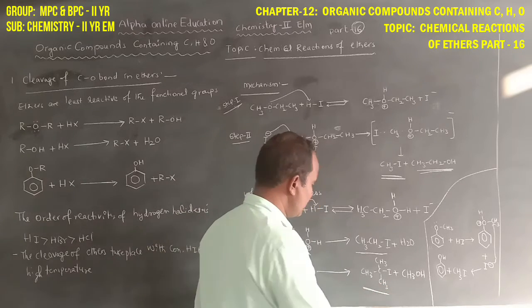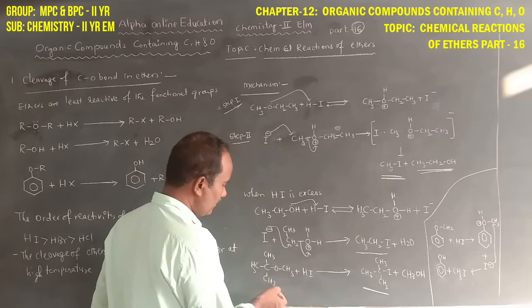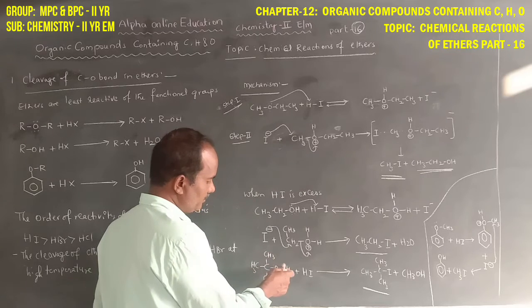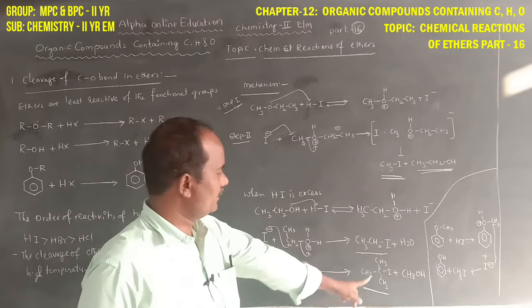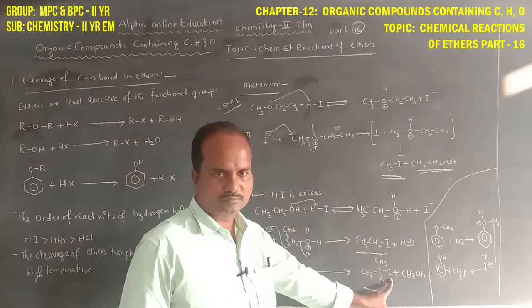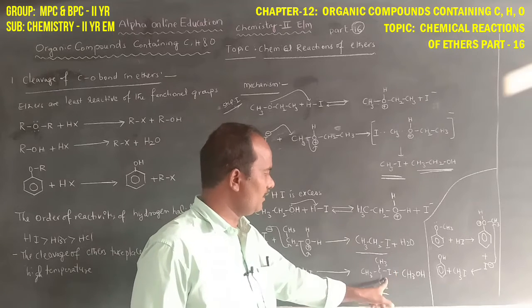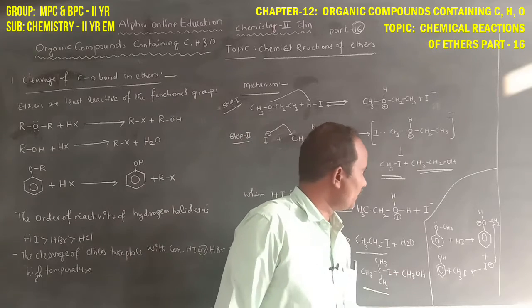So when tertiary butyl methyl ether interacts with hydrogen iodide, tertiary butyl iodide is formed as the alkyl iodide, and methanol is a byproduct.